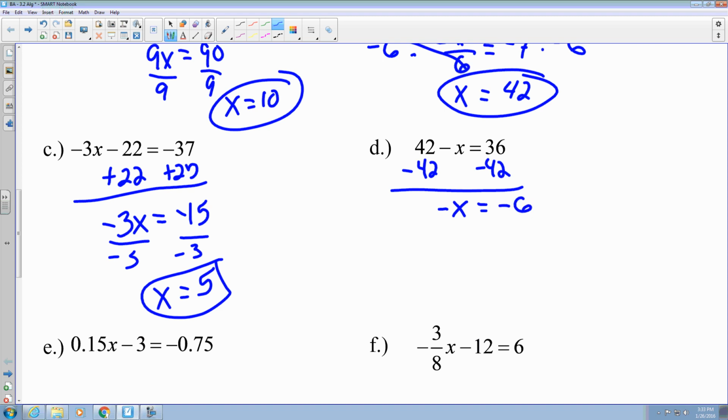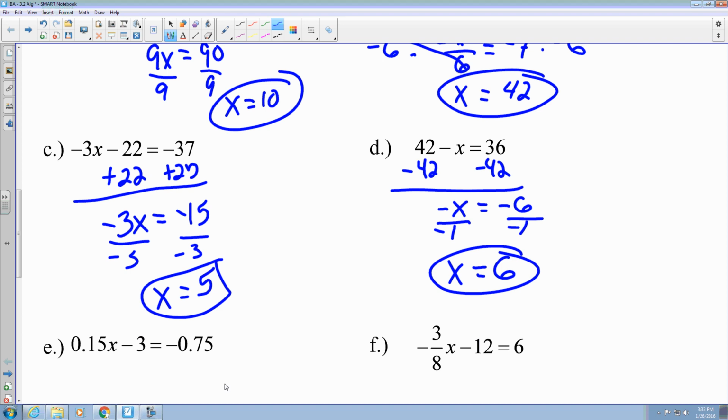So now the x isn't by itself. It's got the negative attached to it. That negative is the same thing as writing negative 1. So to get rid of the negative 1, I'm going to divide both sides by negative 1, which gives me a positive x over here, and a positive 6 on the right-hand side.